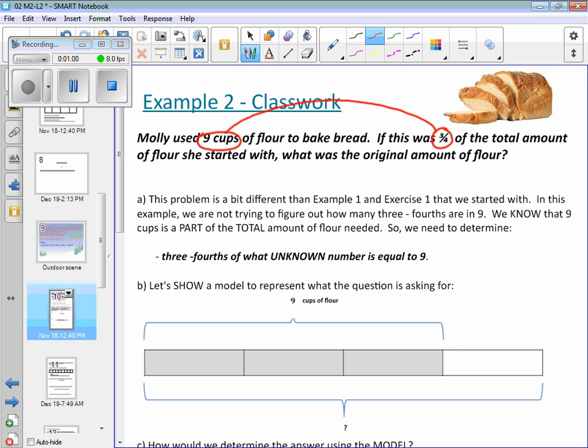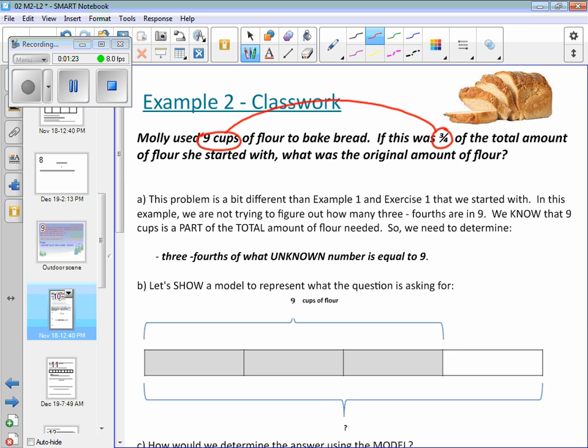What we're trying to figure out is what was the entire amount of cups to start with. It's kind of like, if you remember when we did part to whole ratios back in module 1, and you'll see we can actually find the answer using a part to whole ratio as well. But the module wants us to model this using fractions.